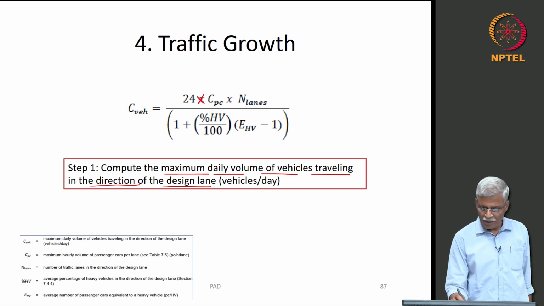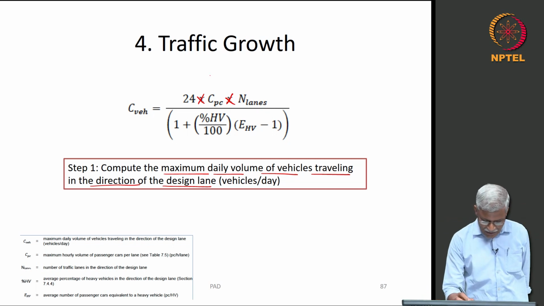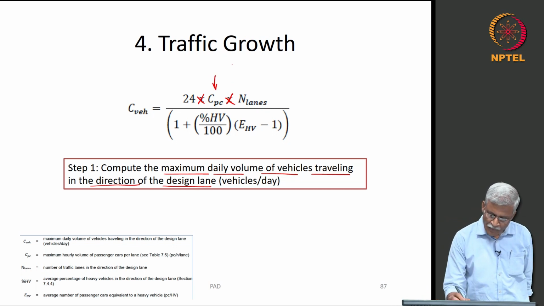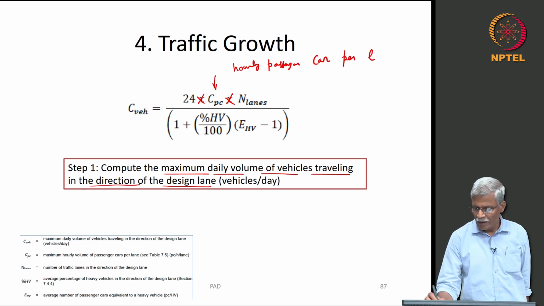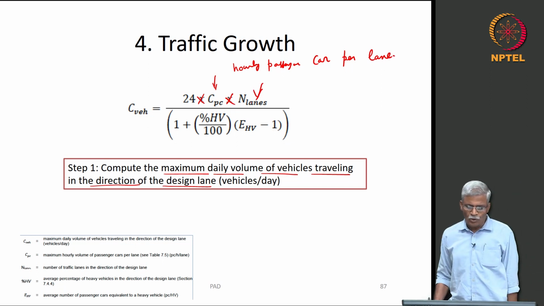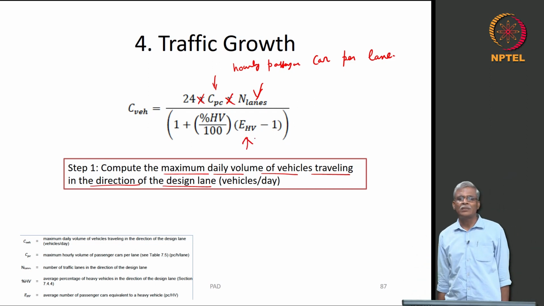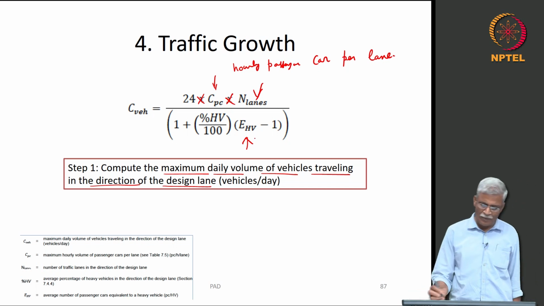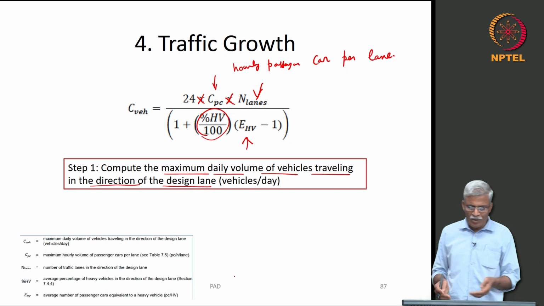This is a multiplication symbol. 24 times CPC is your maximum hourly passenger car per lane, and this is the total number of lanes. Now this is the passenger car unit kind of factor that you are using, and this is the percentage of the heavy vehicle. So, what have you computed?